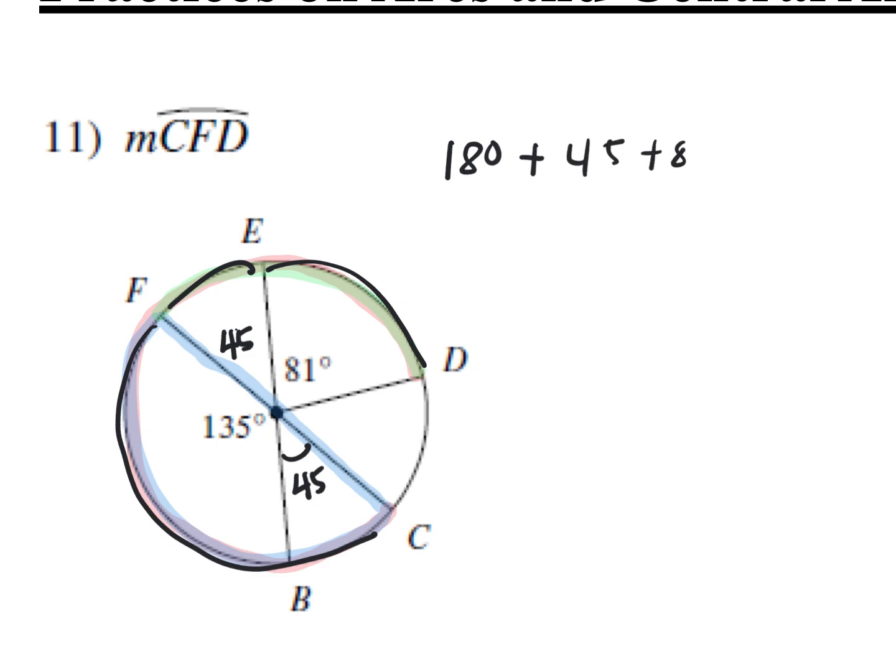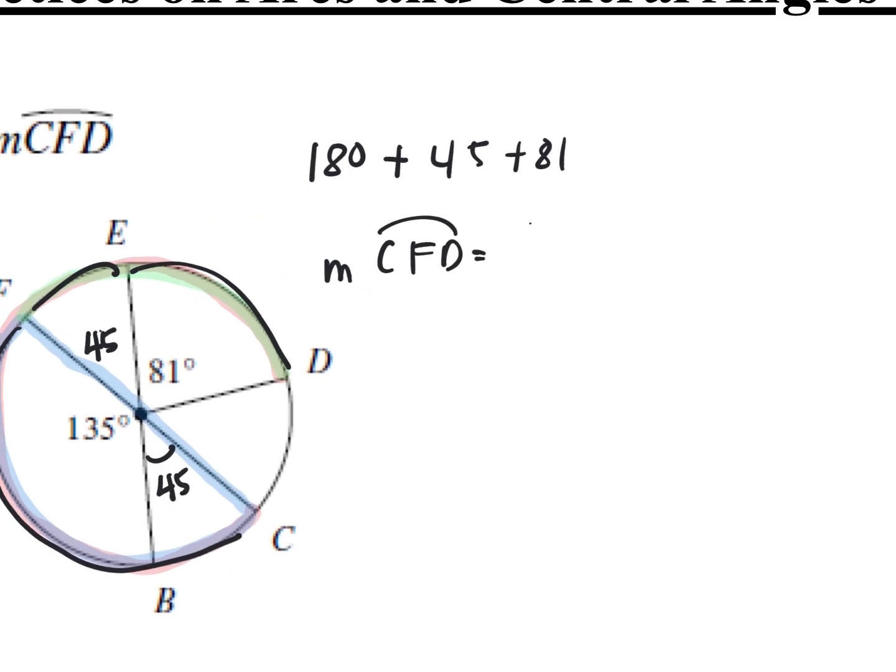So if we're going to now write our answer in here, the measurement of arc CFD is going to be equal to 180, the semicircle, plus 45 plus 81. So that's going to give us 306 degrees. Okay.